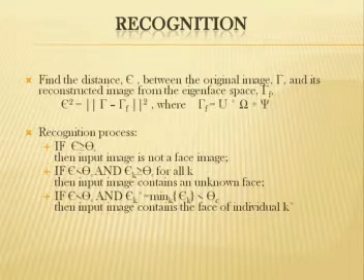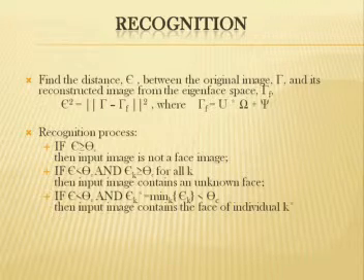How the computer checks recognition follows three conditions. If distance is greater than or equal to the threshold distance, then the input image is not a face image. If distance is less than the threshold distance and the distance for that image is greater than or equal to the threshold distance for all k, then the input image contains an unknown face.